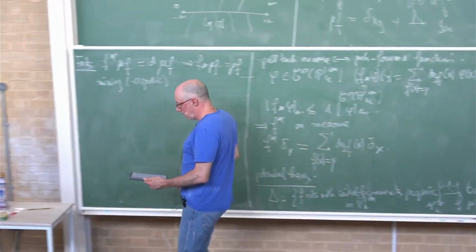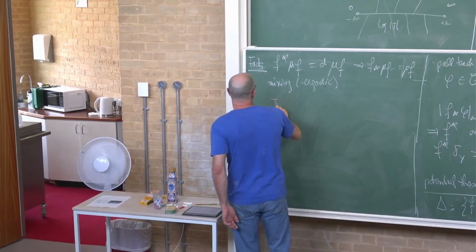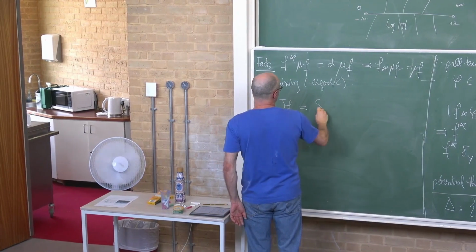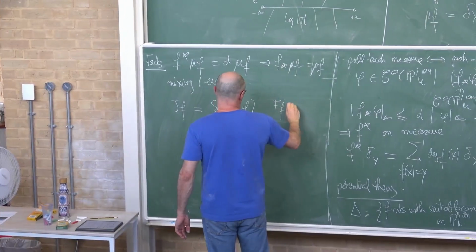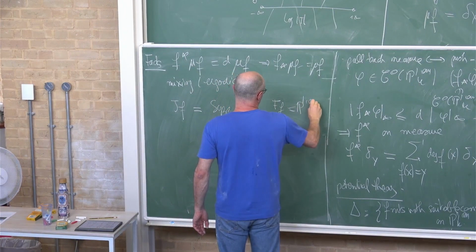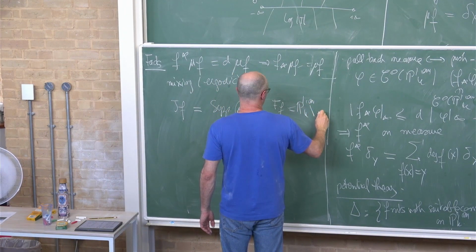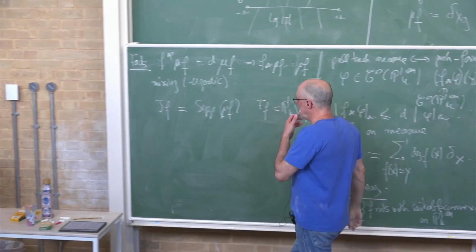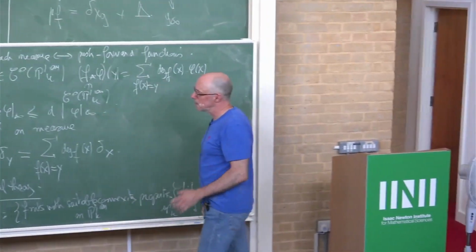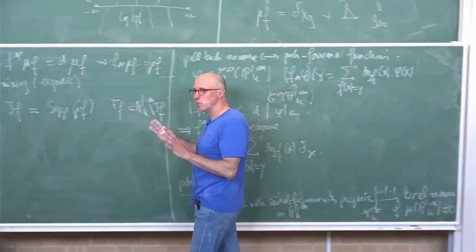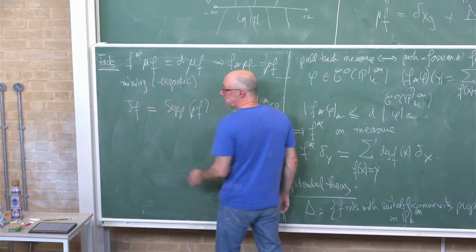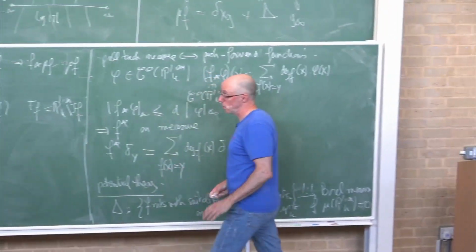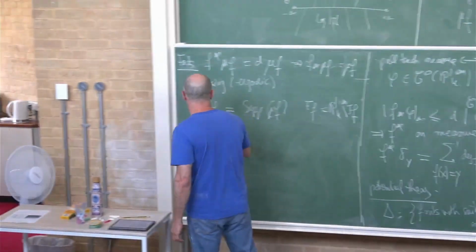So it's kind of a formal consequence of the definition here. And as I said before, you can define the Julia set as being the support of this measure, and the Fatou set as being the complement. Just like over the complex numbers, the Julia set is a compact set which is totally invariant.